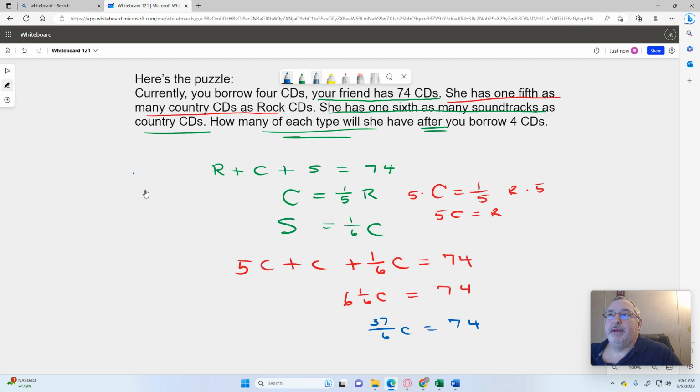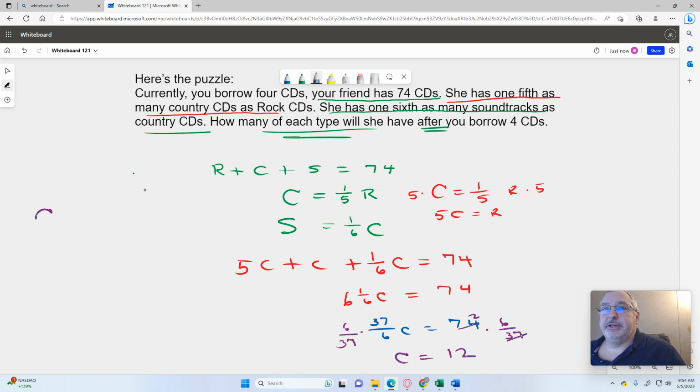Then we're going to multiply by the reciprocal to solve. And so C is going to equal, 37 goes into 74 2 times, so that's going to give me 12 country CDs.